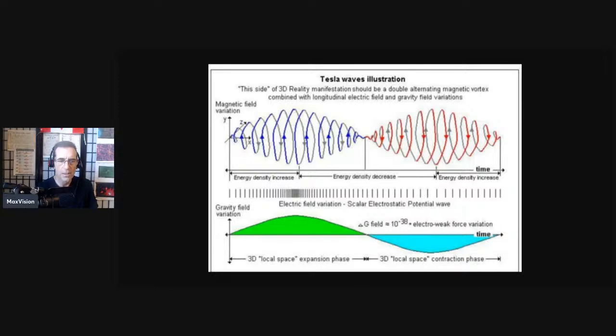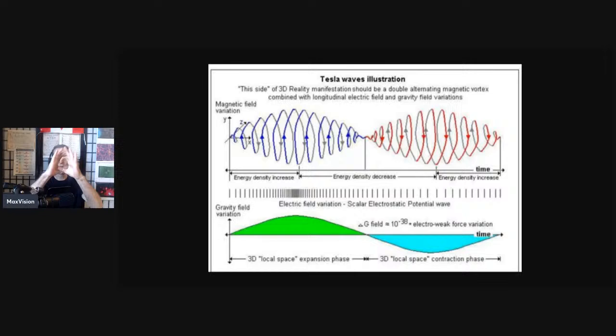It's not moving, but it is increasing in energy, I believe that would be the positive aspect, and then decreasing the positive aspect and switching over to the negative. So it's oscillating from positive to negative in the same spot.